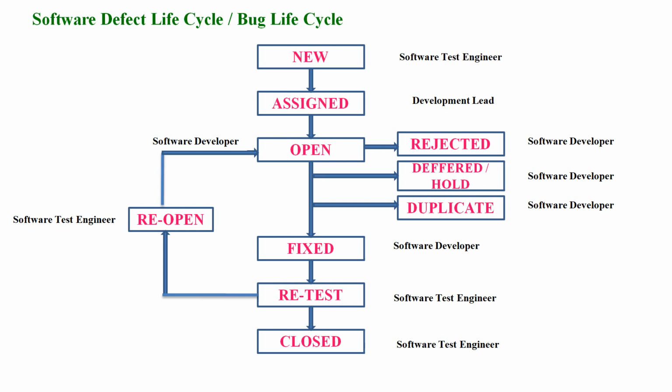By misunderstanding the requirement or unknowingly, feeling that there is a defect, the concerned software test engineer has reported the defect. But actually there is no defect. That is why I am rejecting that defect. That is the meaning. Right? Who is responsible for the rejected status of the defect? Software developer.